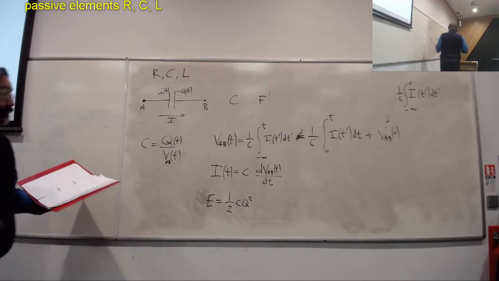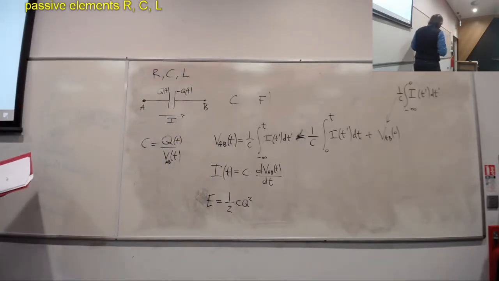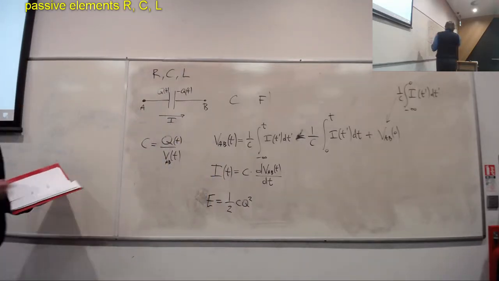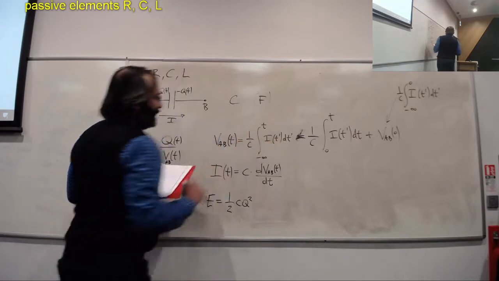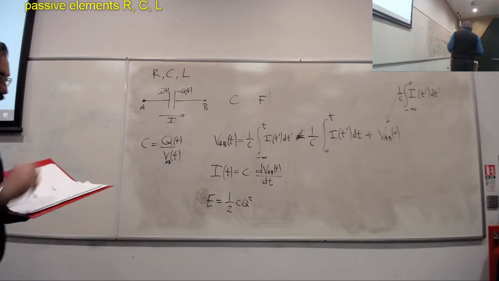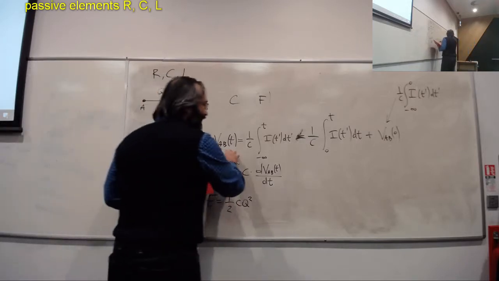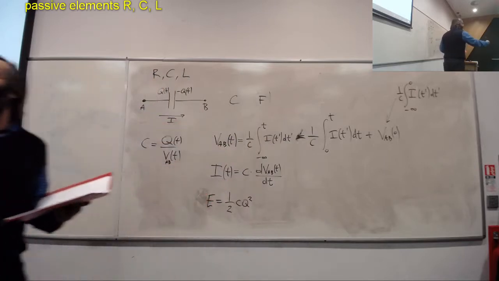Oh, I forgot to make a note still on this, a very important one. Now, this formula is telling us that the voltage at the terminals of the capacitor is the result of the integration of current.